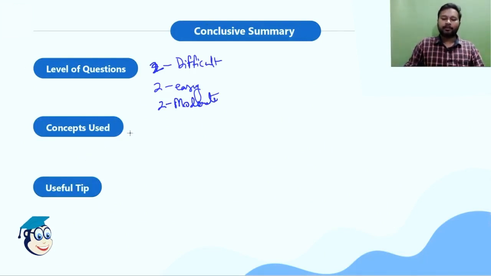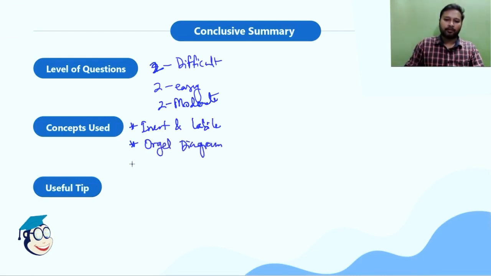The concepts used in the video: first was inert and labile complexes. Then the concept of the Orgel diagram was used. Then the concept of magnetic moment. Then the trans series.